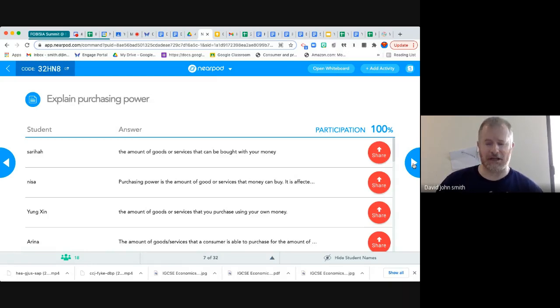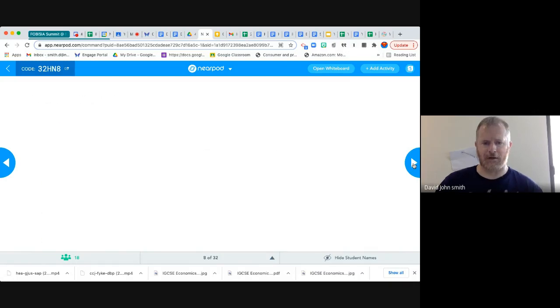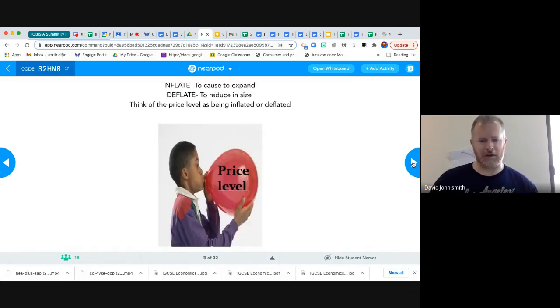Other people just can't change their income; they have no choice in the matter. So the effects of inflation vary depending on who we're talking about. Reminding ourselves of the balloon metaphor: with inflation we cause the price level to expand, and with deflation we cause it to reduce. We think about the price level as being inflated or deflated.